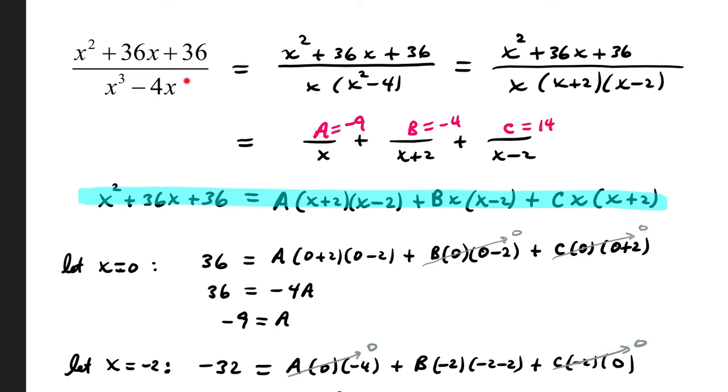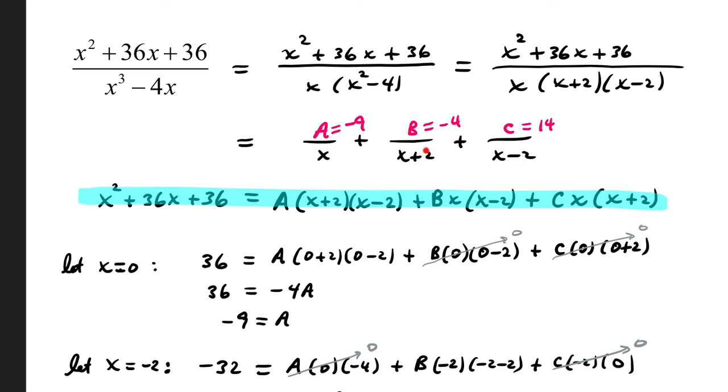Multiplying both sides by the least common denominator in factored form, that will give us the numerator x squared plus 36x plus 36 equals a times these other two denominators, because that single x will cancel. So it's a times x plus 2 times x minus 2.